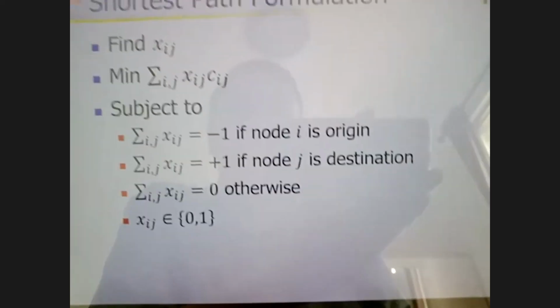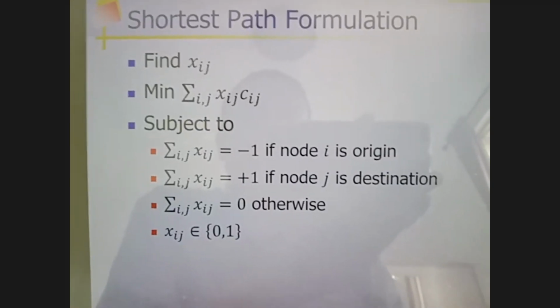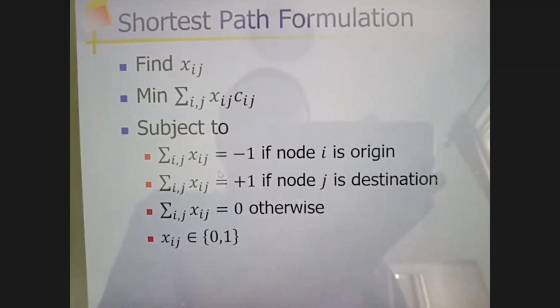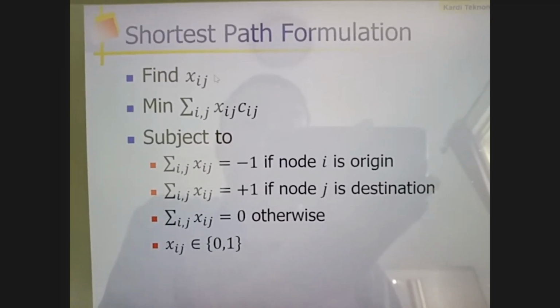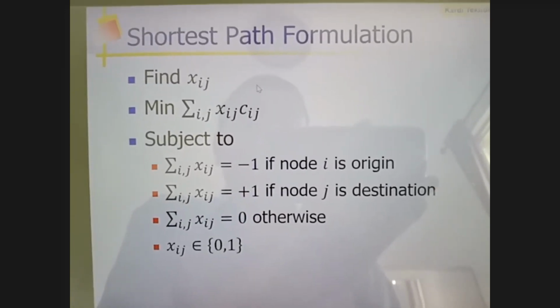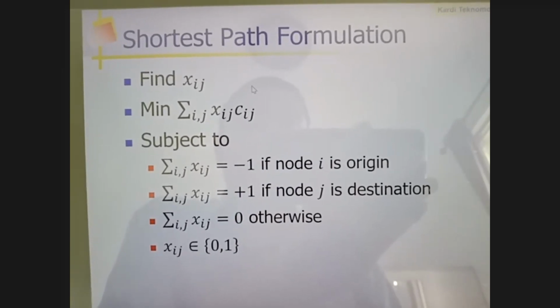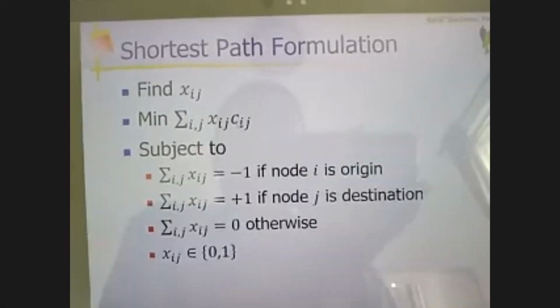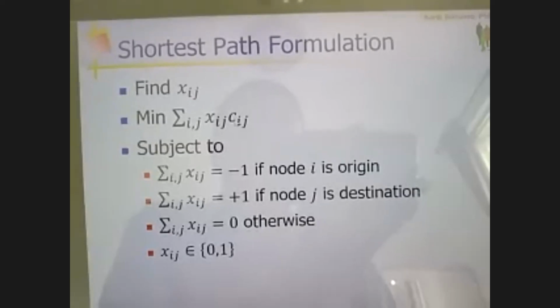Okay, so with that we can formulate the optimization something like this. So find xij to minimize xij times cij. Xij is the flow, and then xij times cij means the flow multiplied by the cost, right?